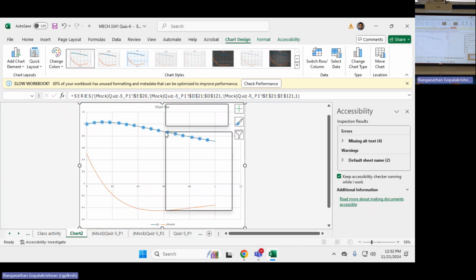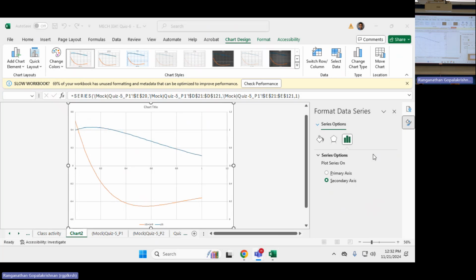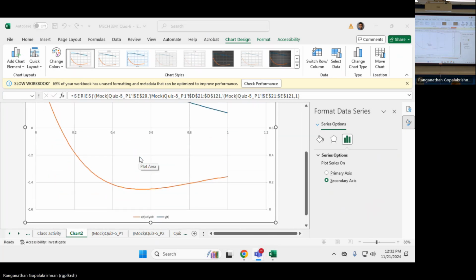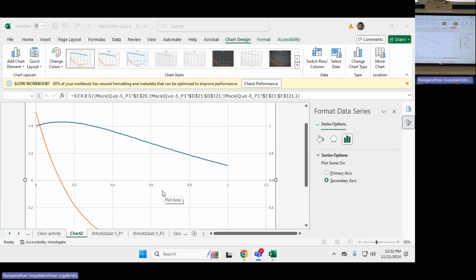I'll plot this with a secondary axis so that one of them is to the right and one to the left. You see here the orange is the z and the blue is the y. The solution you are asked for is to calculate y and its derivative, which are these two curves.